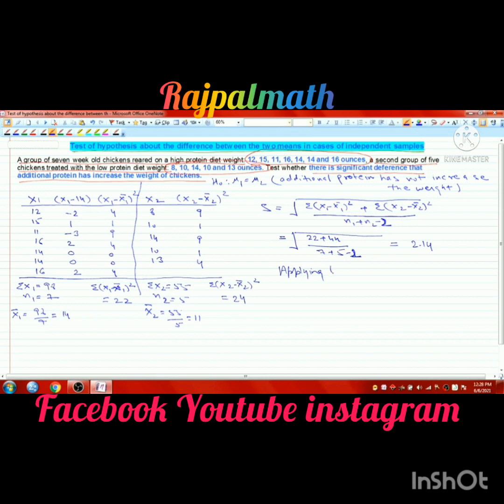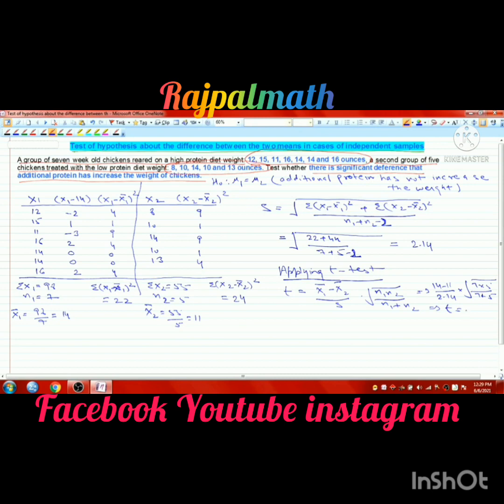Now applying the t-test. The t-statistic is t equals the mean of the first group minus the mean of the second group, divided by S, the standard deviation, into the square root of n1 times n2 over n1 plus n2, which equals 14 minus 11 divided by 2.14 into the square root of 7 times 5 over 7 plus 5, which is approximately equal to 2.394.